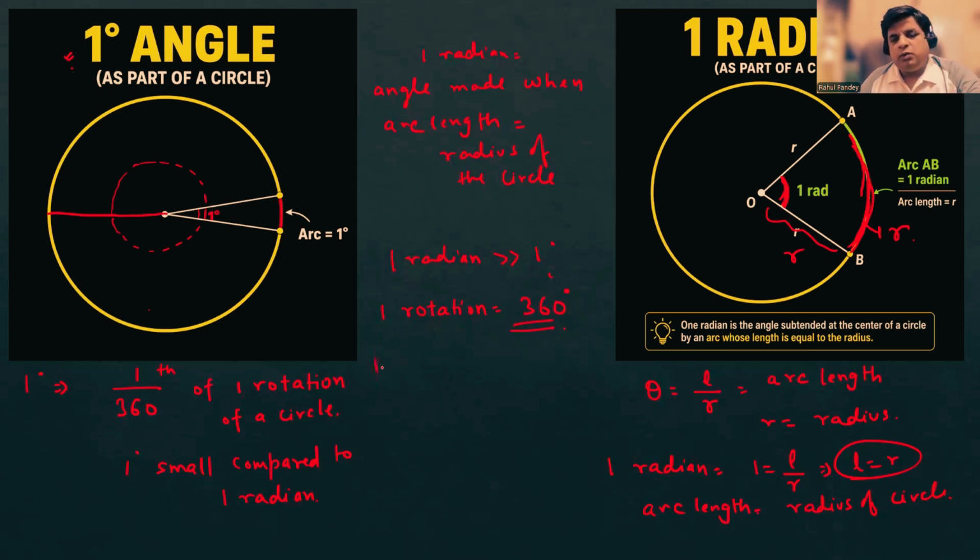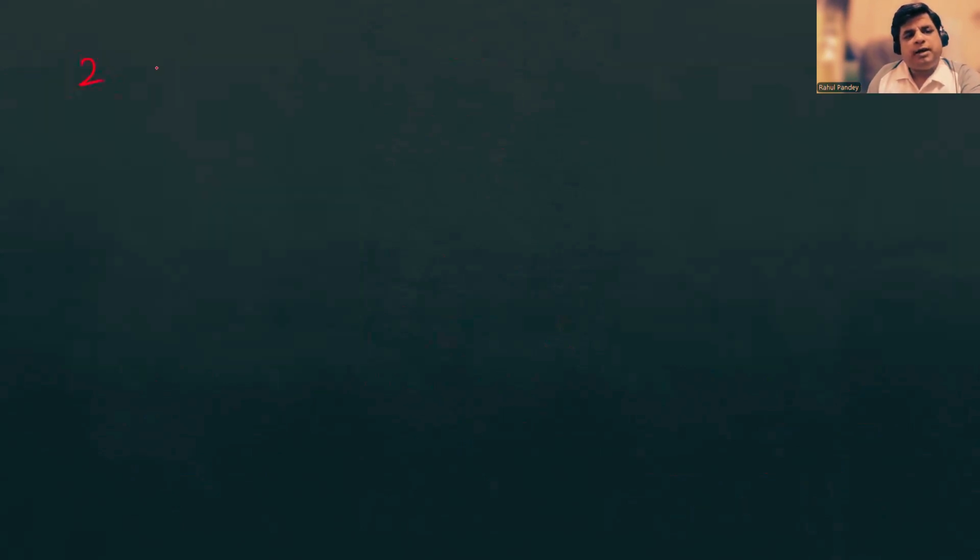But in radian, for one complete rotation, L, the length of the arc, is the complete circumference of the circle, which is 2 pi r. So length is 2 pi r upon radius r. So one rotation is 2 pi angle.